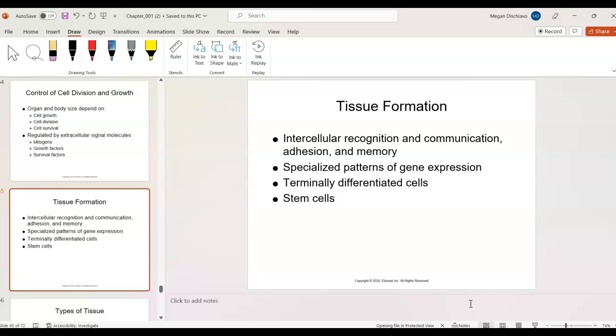That is when I spoke about different cells being different from each other, we have specialized patterns of gene expression. If I take a heart cell and an eye cell, they're completely different. They have the same DNA. Different parts of that DNA are turned on. That's what I was talking about earlier. Terminally differentiated cells. Got it.